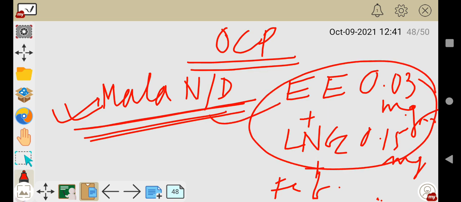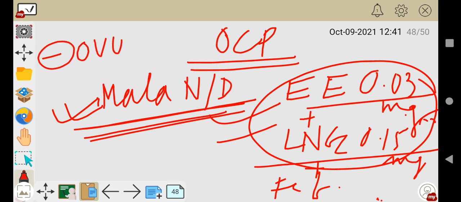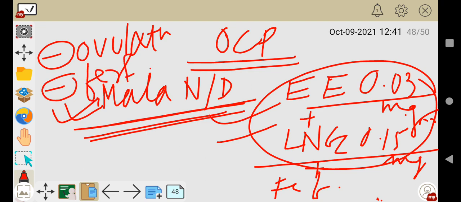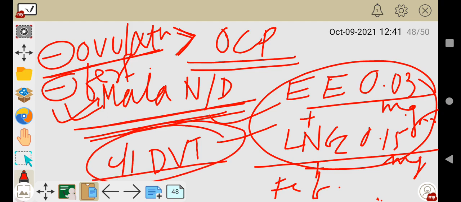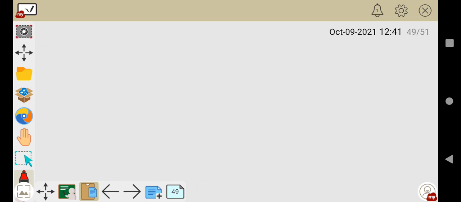So the main ones are ethinyl estradiol 0.03 and levonorgestrel 0.15 milligram. The main mechanism of action is that it inhibits ovulation. Okay, it also inhibits fertilization. Inhibits ovulation is more important, right? And they should not be given in DVT, or wherever there is a chance of stroke or thromboembolism, just don't give this.